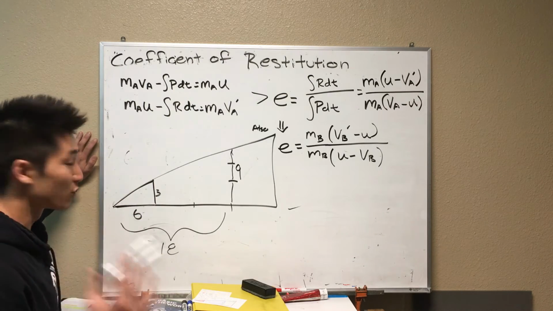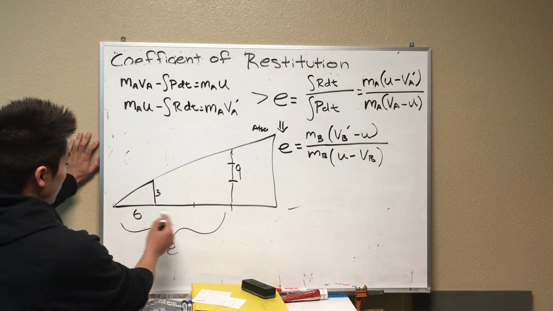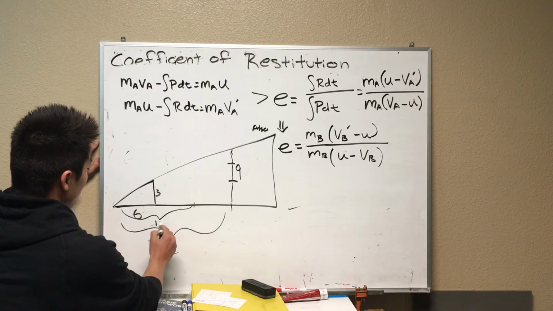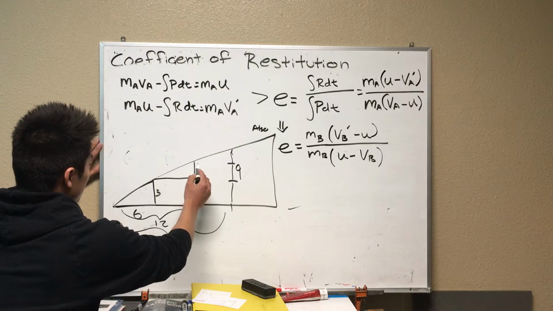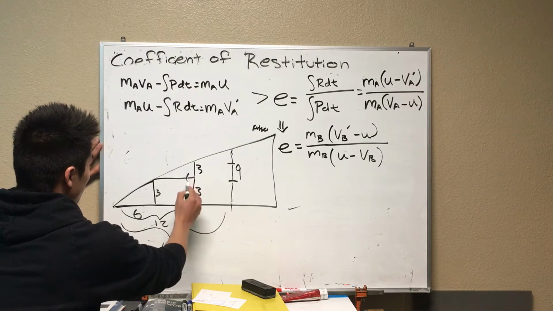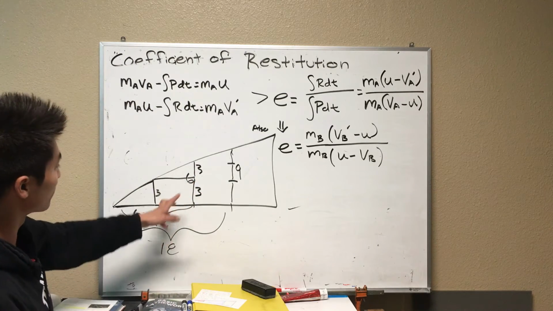And the really cool part about this is that if we break it down over here, this one's going to be 12, this one's going to be 3, this one's going to be 3, total 6. That's going to be 6 over 12, which is the same thing.